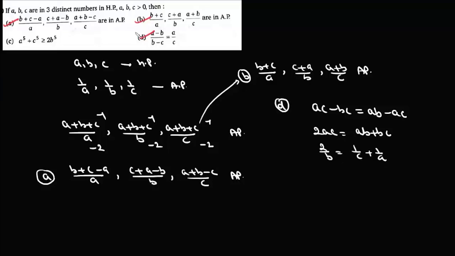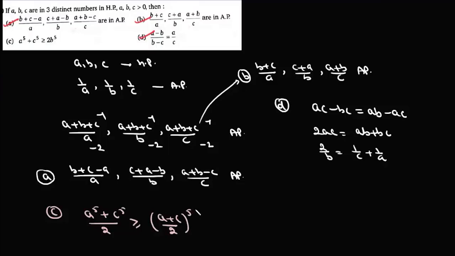Now what about this option C? For this option C, we are given A to the power 5 plus C to the power 5. Now we know that AM of mth power is greater than or equal to mth power of their AM if m doesn't lie between 0 and 1.